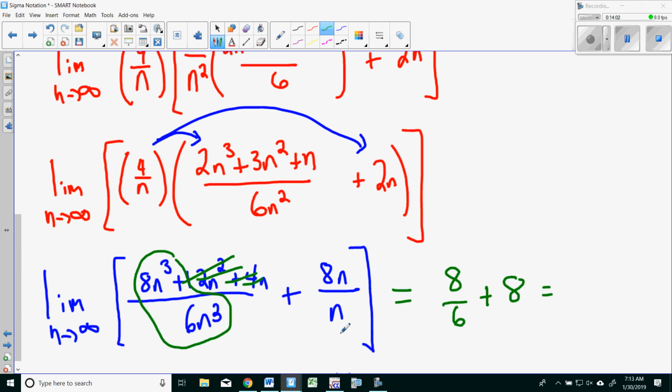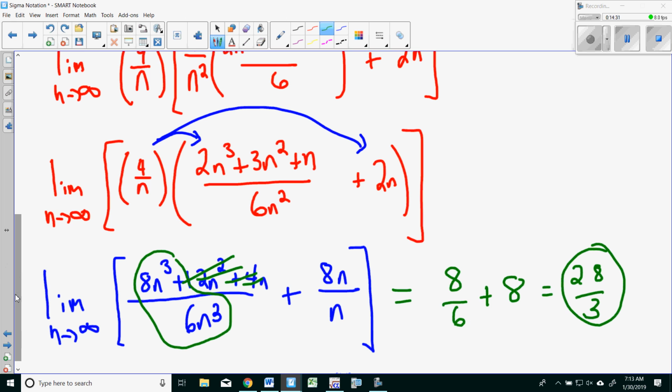If you do not have the same powers, then you're either going to get 0 or infinity, which is possible. These limits will very rarely, if ever, go to infinity. So it is possible if you have something like an x squared on the bottom, as the bottom goes to infinity, that part of the whole limit will be 0. But you should always end up with some number as you're doing these. And now if we combine those, we get 28/3.